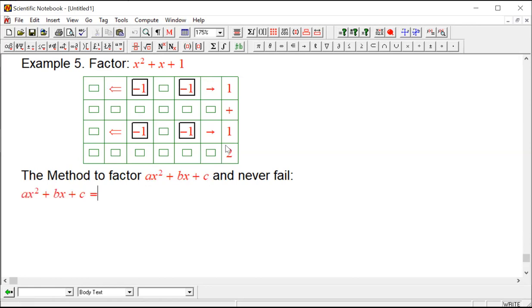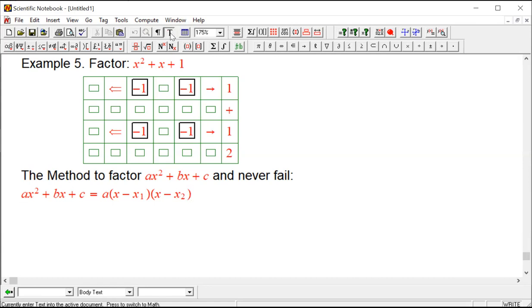It is equal to a times (x minus x sub 1) multiplied by (x minus x sub 2). Then the question is, what is x sub 1, what is x sub 2?